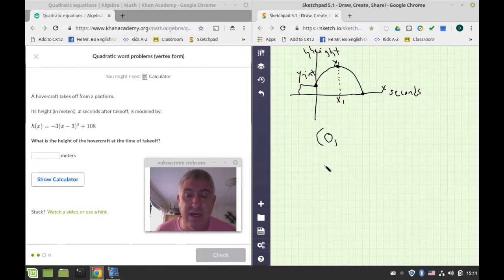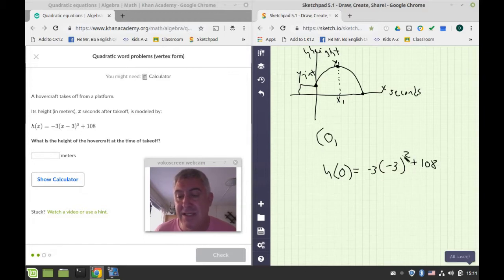We find h of 0. -3 times 0 minus 3 is -3 squared plus 108, and that's 9, -27, plus 108 is 81. So our height at the time of takeoff is 81 meters.